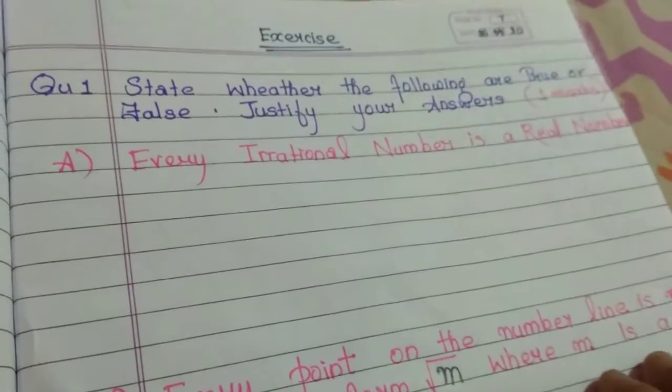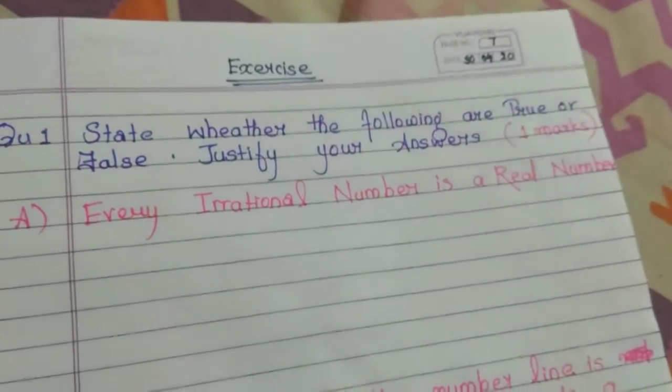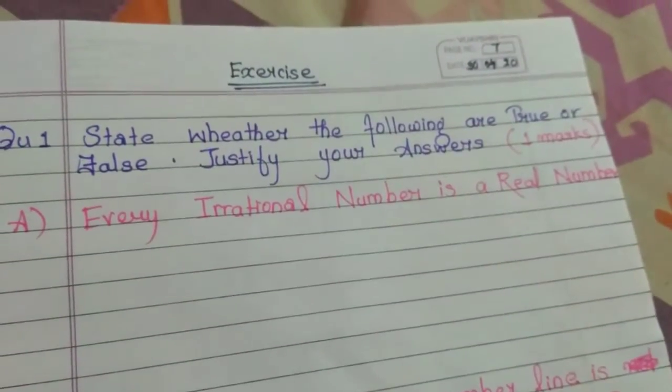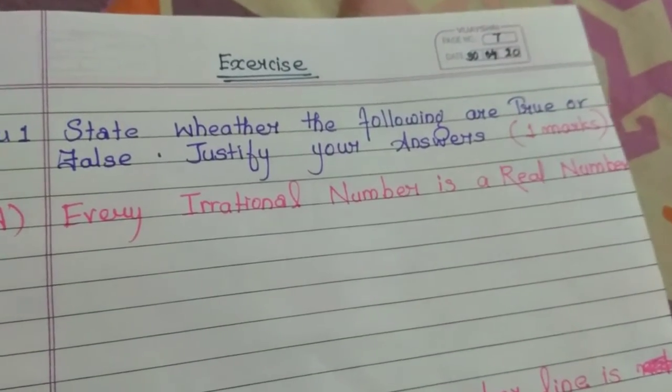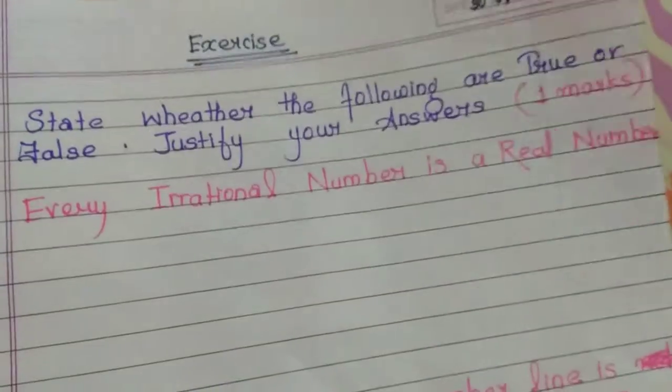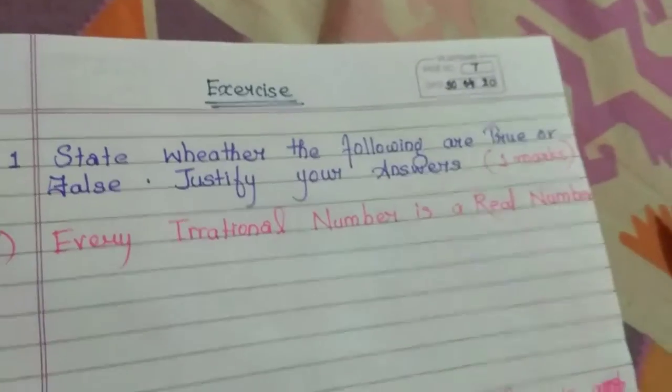The first question is: every irrational number is a real number. It is true, because you know that the real numbers are a collection of irrational numbers and rational numbers. So every irrational number is a part of real numbers. We have to explain it properly. How will we write the answer?